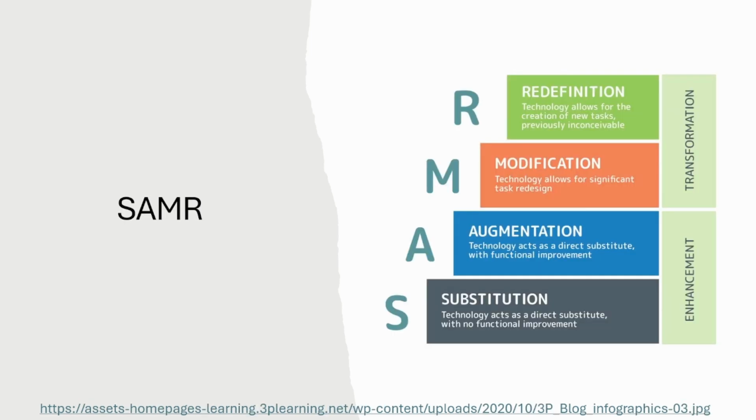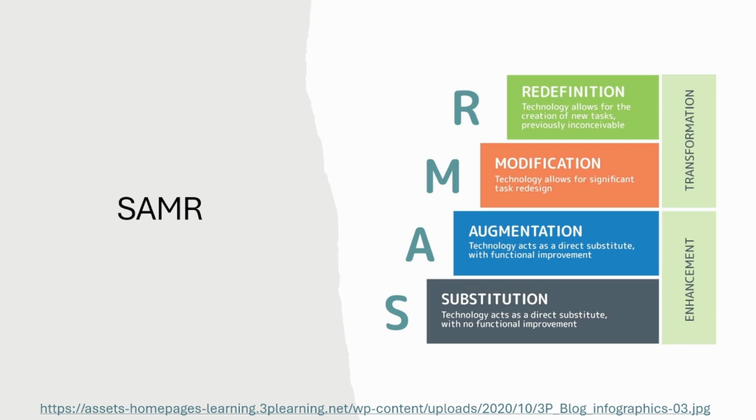Substitution, augmentation, modification, redefinition, or SAMA. SAMA is a model which can be used to plan and evaluate the purposeful integration of technology into learning environments. SAMA operates by assessing technology use against 4 criteria. Substitution and augmentation are grouped together, defining technology use as enhancing learning opportunities.